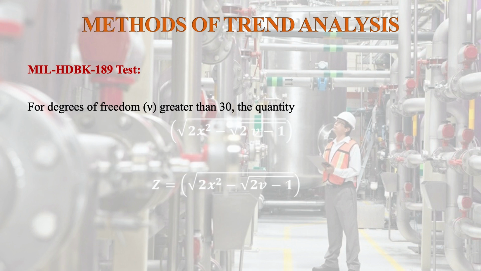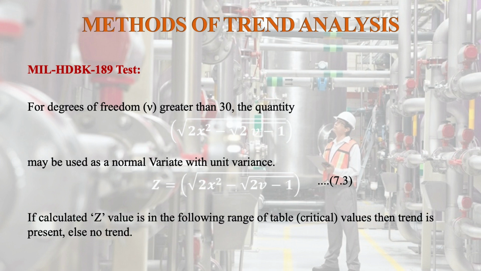So for degrees of freedom v greater than 30, the quantity under root 2 chi-square minus under root 2v minus 1 may be used as a normal variate with unit variance. That is, z is equal to under root 2 chi-square minus under root 2v minus 1. If the calculated z value is in the following range of table critical values, then trend is present, else no trend.